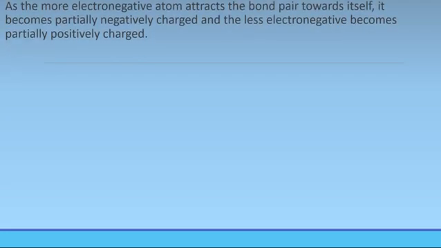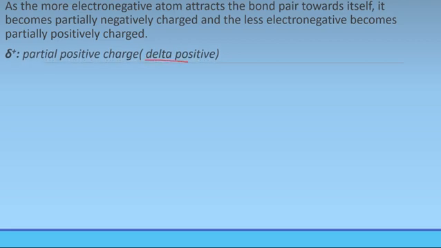As the more electronegative atom attracts the bonding pair towards itself, it becomes partially negatively charged, and the less electronegative becomes partially positively charged, and we represent the partial charges by delta.